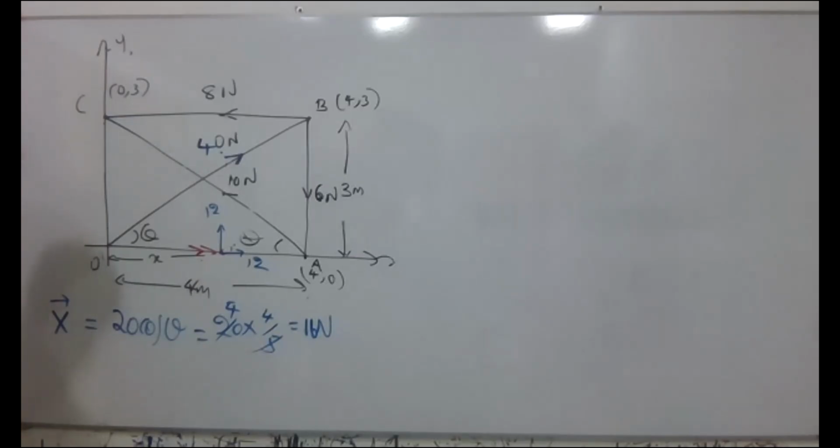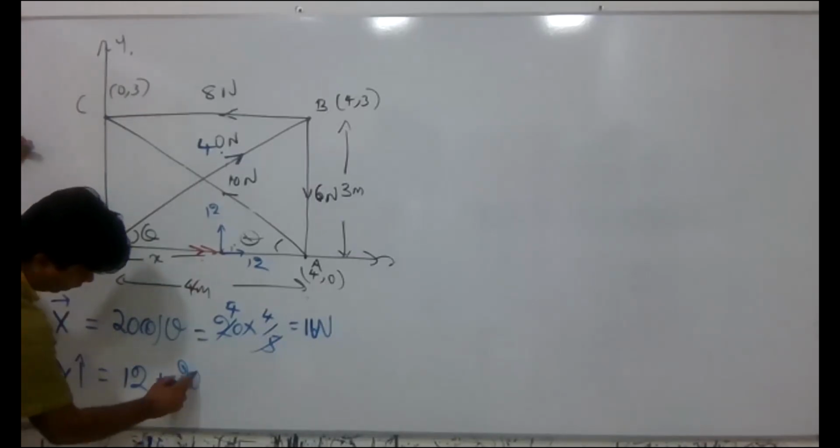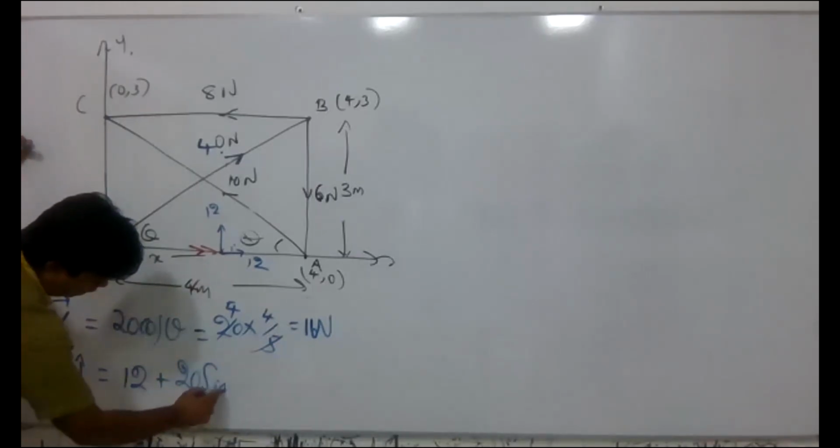And then, because this is an inclined force, its effect on the vertical force also will happen, right? That means how can you take that new y? New y means the earlier y is what? 12, right? Then 12 plus actually 20 sine theta.